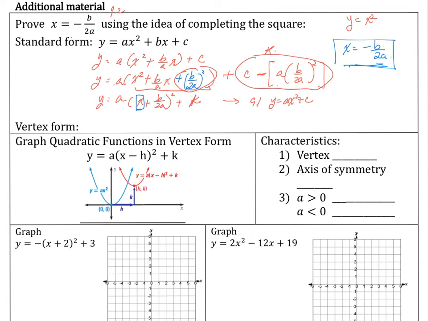Now we can let b over 2a, or rewrite this as x minus b over 2a.